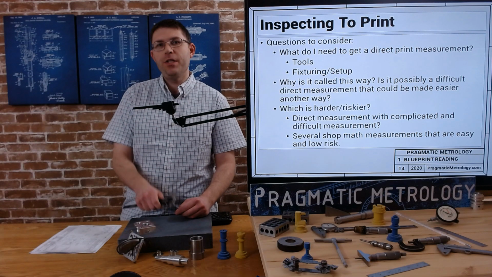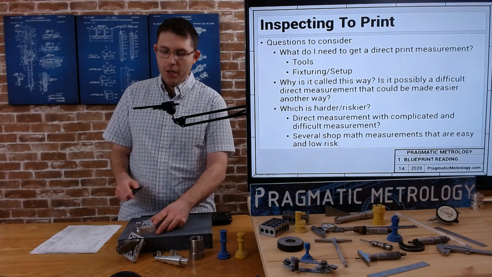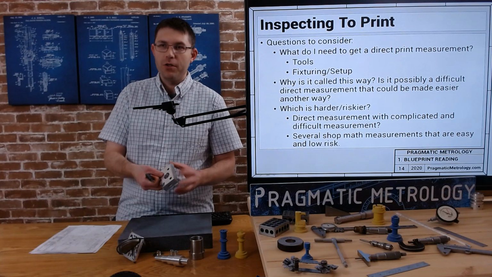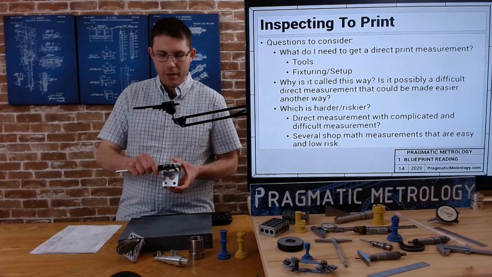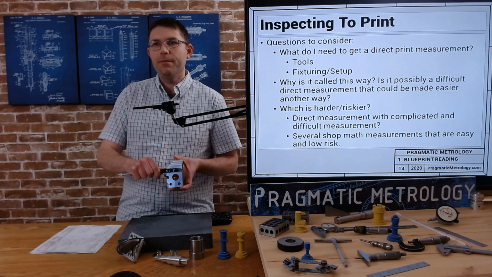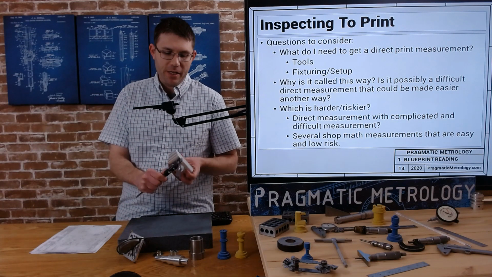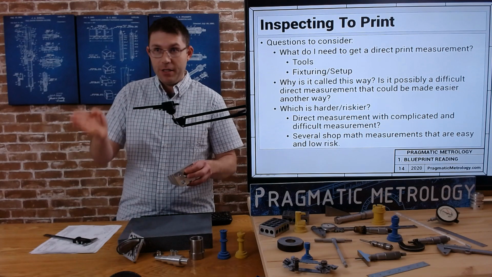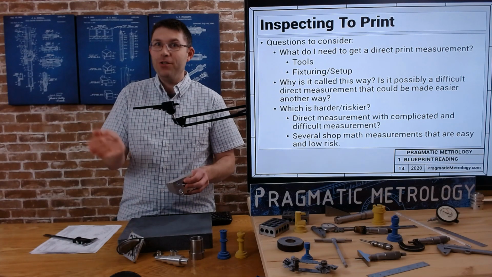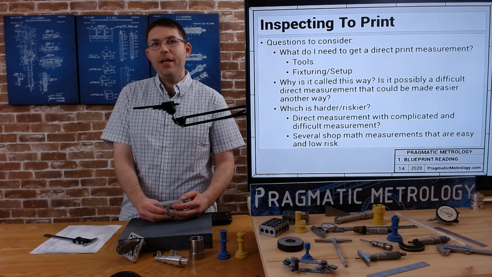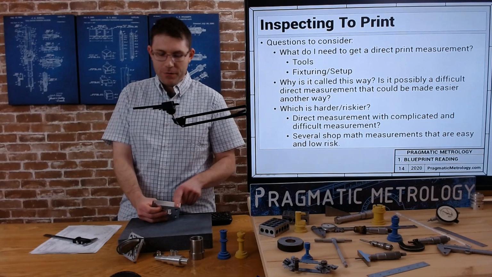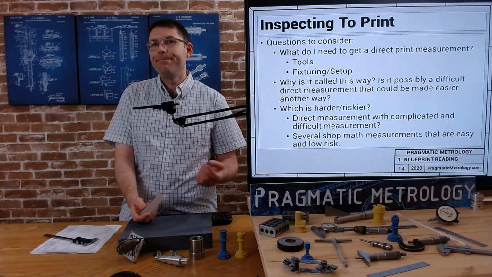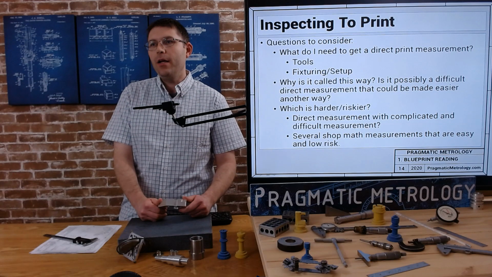You may have used this bottom surface and assumed it was flat and parallel, and you're coming off the edge to get this hole, and it turns out it was actually a U shape, and you didn't get a good reading. You made an assumption that it was flat, and it ended up biting you. So there's always risk.